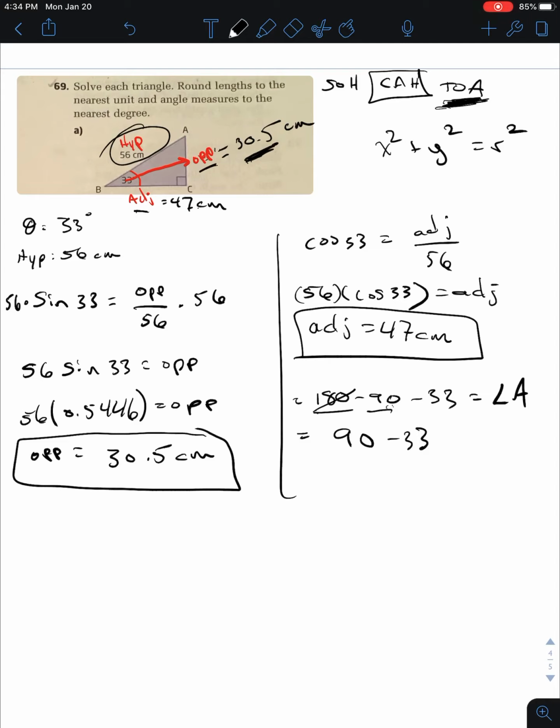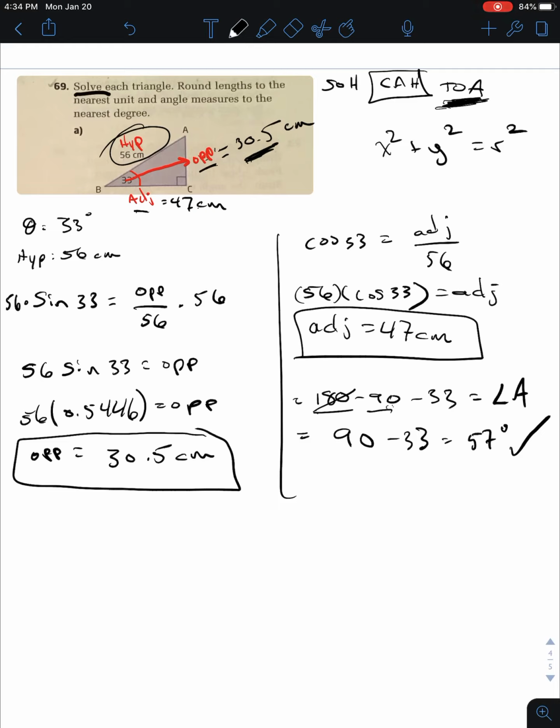So you can just do 90 minus 33. You don't need to type stuff in the calculator like that. You said it was 57? It should be 57, because 90 minus 30 is 60, minus 3 is 57. 3 more is going to give you 60, plus another 30 is 90. That's how you get it, right?